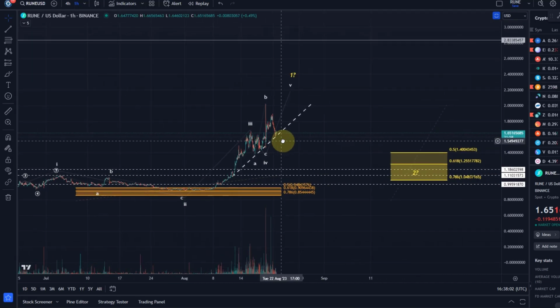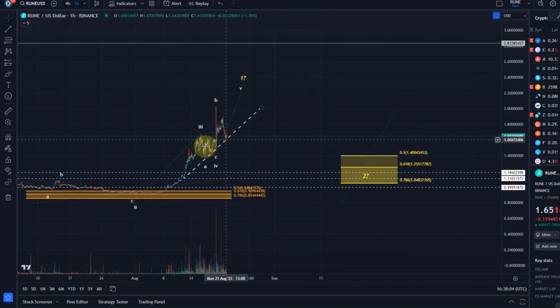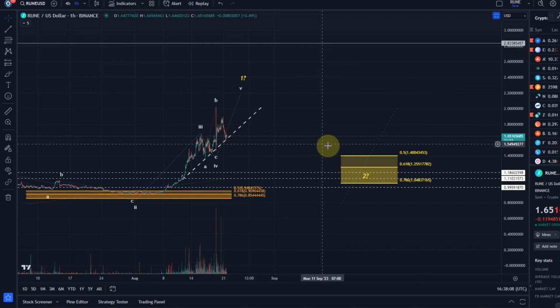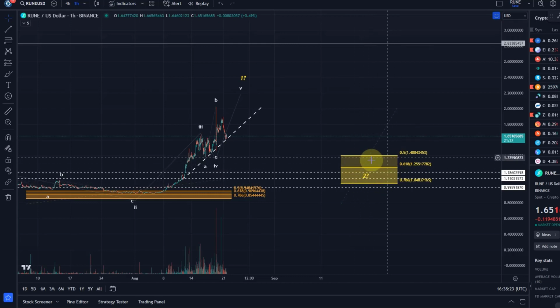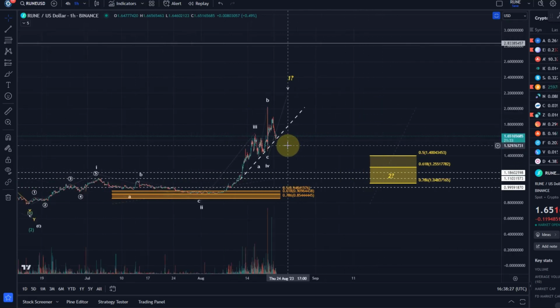My point here is, if we break below the trend line, then I think we are heading for the yellow support area between $1.40 and $1.05. Where we need to pay attention then is the 50% FIB level, the 61.8 and the 78.6 FIB, for relevant support or a potential turnaround signal.